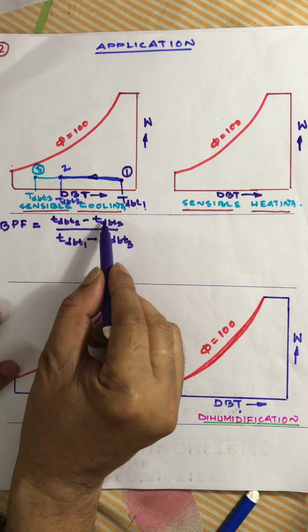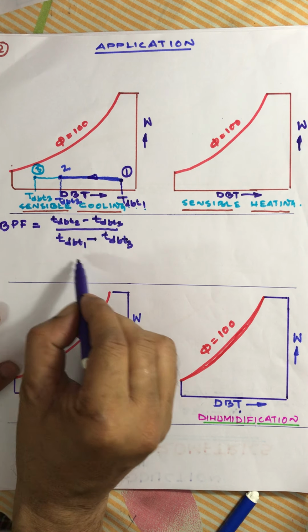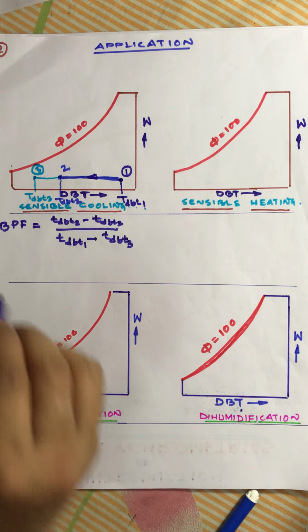That means final temperature difference divided by initial temperature difference.